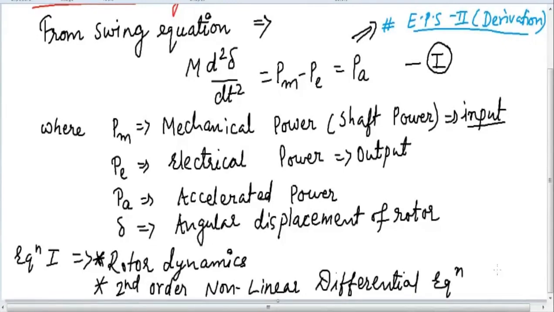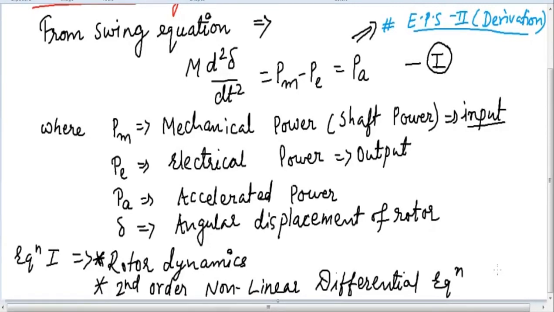So when we try to solve these equations, we will get the P delta curve, and this P delta curve is very important for us in the case of transient stability.